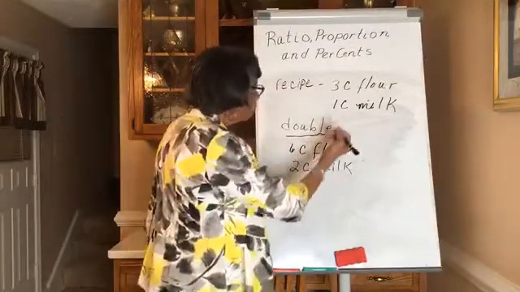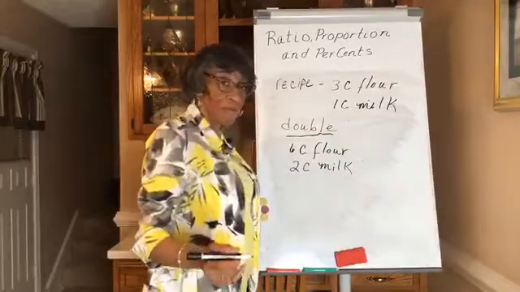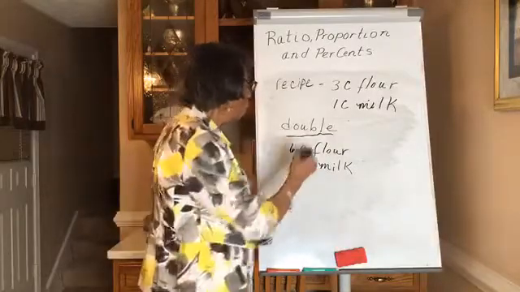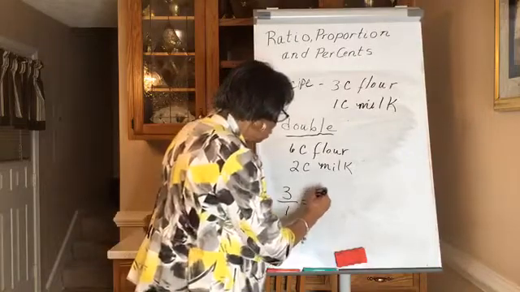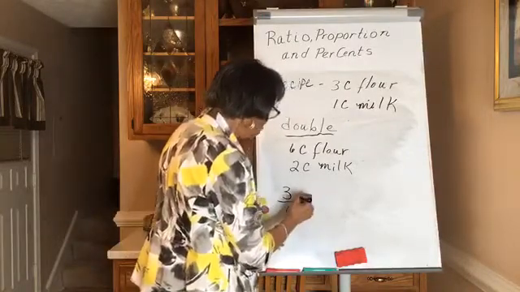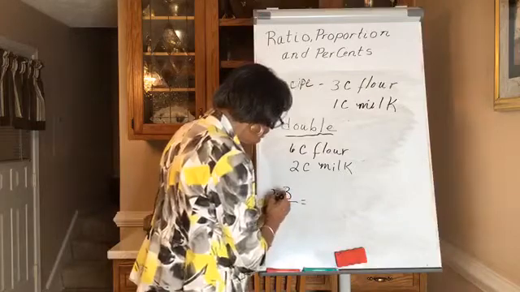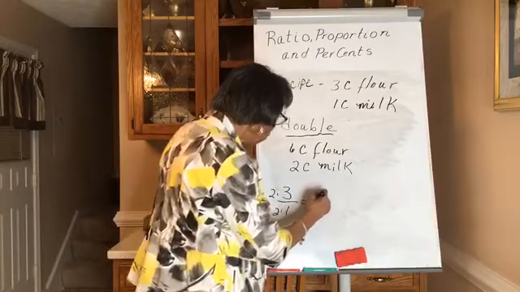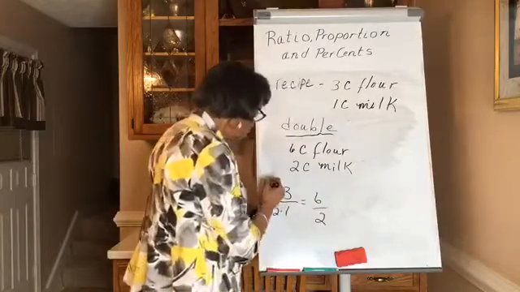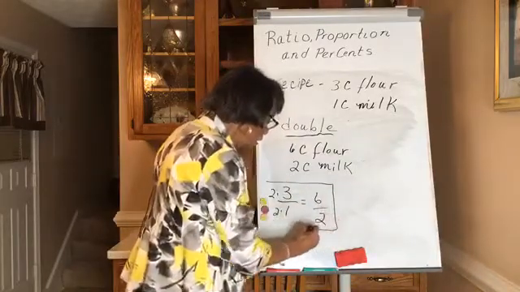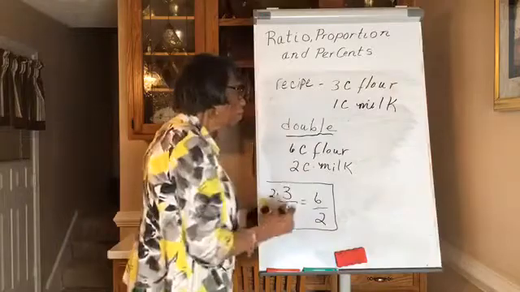All right? We could have done it with ratios as well. We could put 3 to 1 equals, and of course, we want to double it. So double means multiply by 2, and that's 6 to 2. So we could do it this way, or we could just merely double it.